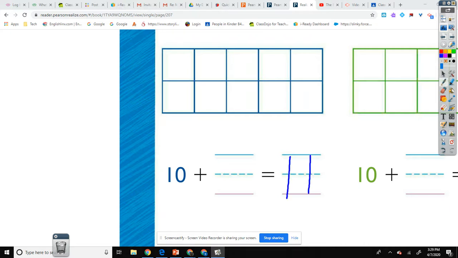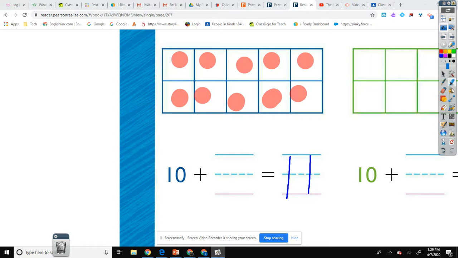Let's use the picture first, the 10 frame. Or it's the same as 10 fingers. 1, 2, 3, 4, 5, 5 fingers, one hand. Another hand, 1, 2, 3, 4, 5. Now you got 10 fingers when you raise both hands up and open your hands up. Or you got a 10 frame.